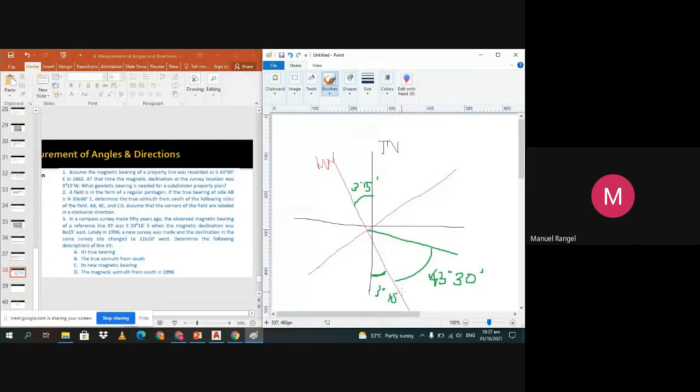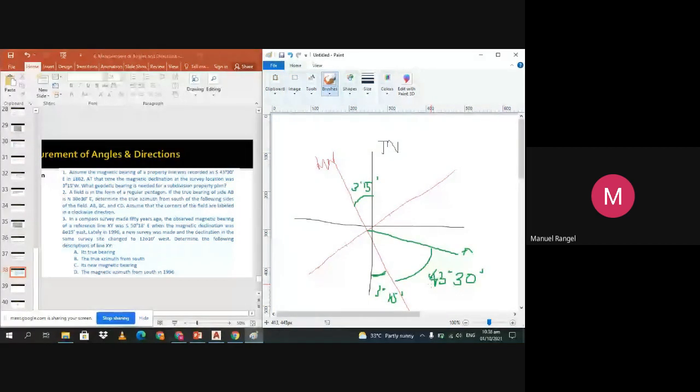So the true bearing for the subdivision property plan, so this line, example point O or A. The true bearing would be 43 degrees 30 minutes plus the declination of 3 degrees 15 minutes west, since it is south.